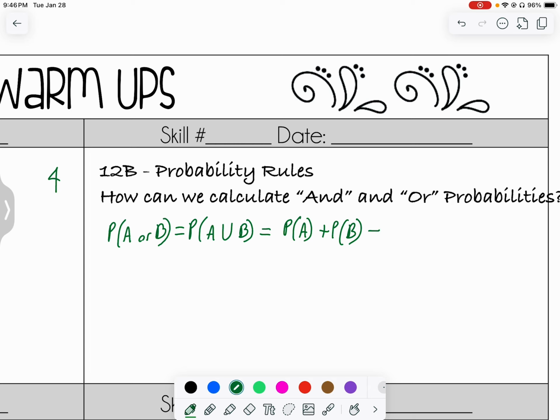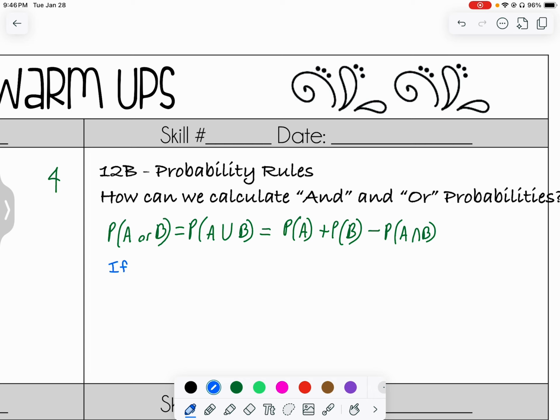So that means we need to subtract out the probability of event A and B whenever both of them occur at the same time. But there's sometimes a special case.